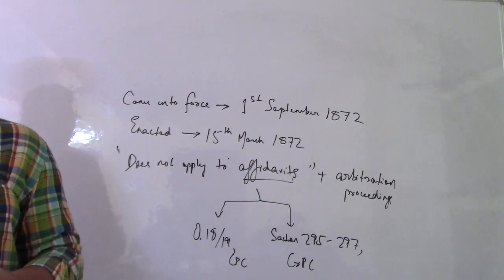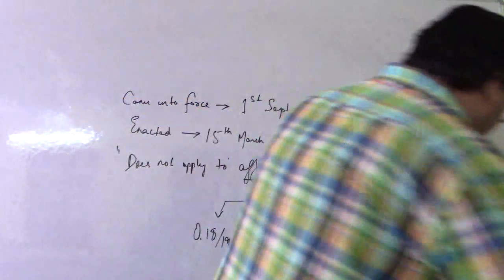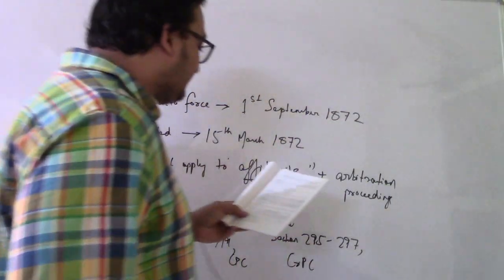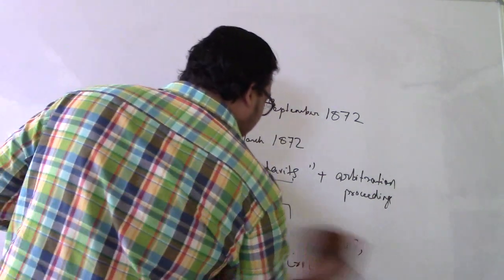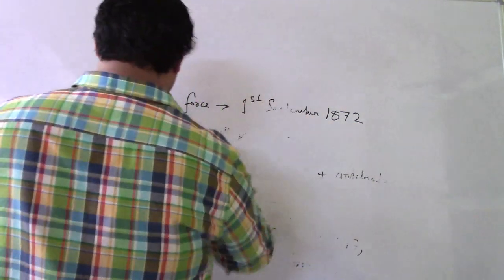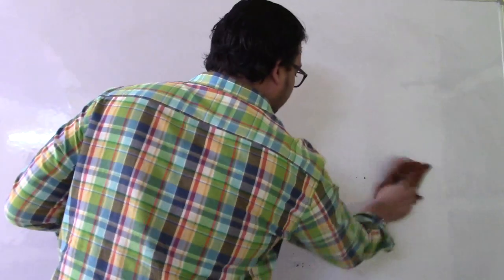Third section, or the definition clause. In this Act, the following words and expressions are used in the following senses unless a contrary intention appears from the context. Okay, now let's try to understand each of these terms.